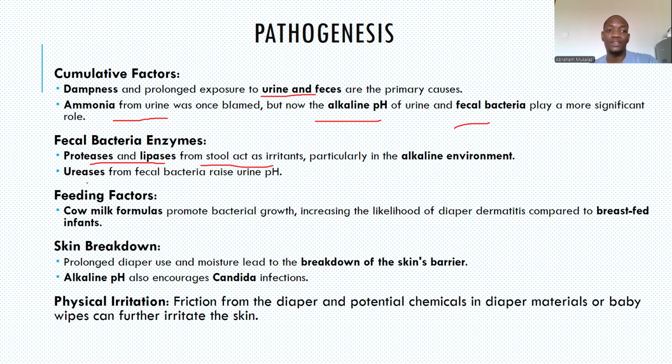Then the ureases from the fecal matter can raise the urine pH, and at the end of it all, you have a raised pH, which is now ground for the action of the proteases and lipases from the stool that irritate the local area.